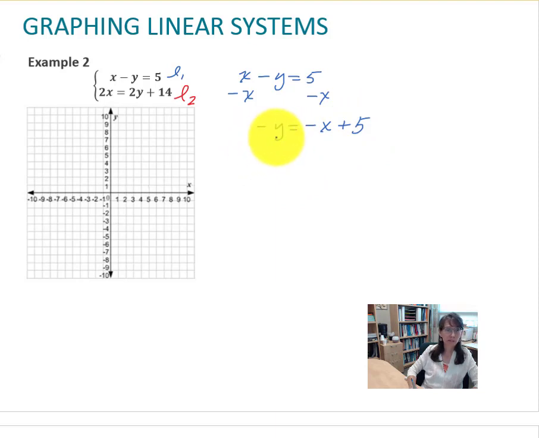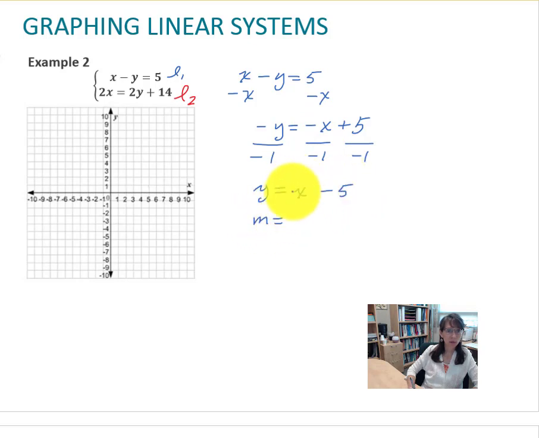But this is not quite finished because we have a -1 coefficient. We need positive 1. So to undo multiplication of negative 1, we're going to divide every term by negative 1. Now we have positive y is equal to x minus 5.